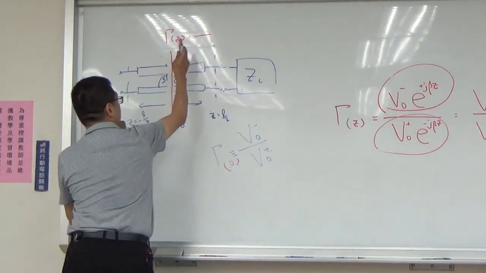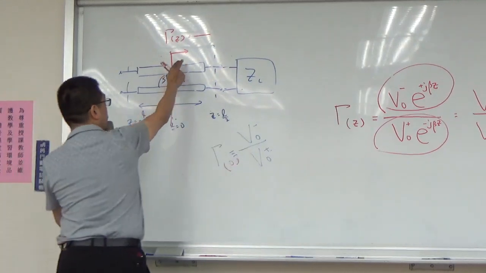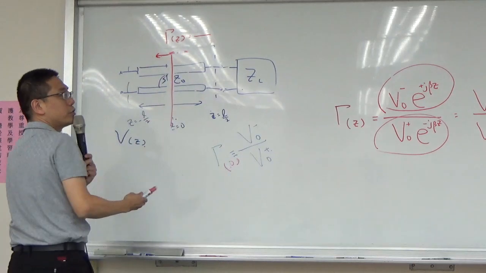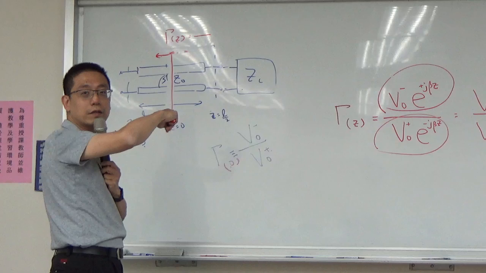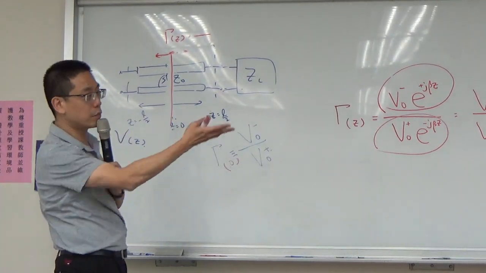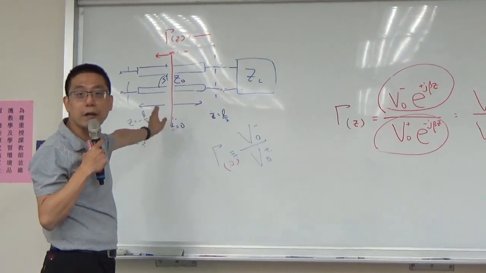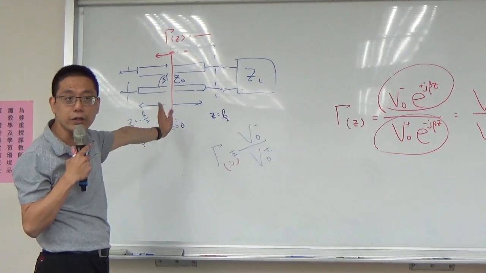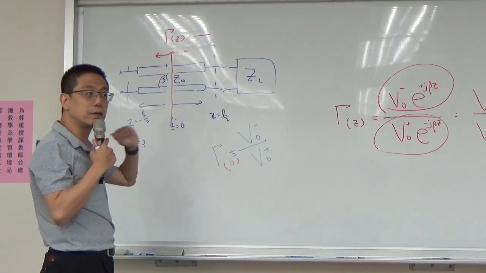If you do that this way, you do that this way, but if you are at this position and look in this direction, then you get the opposite. I think it's more than what is on my slide, but it is important. Gamma is also a function of position, and it has a direction. It depends on which way you look.